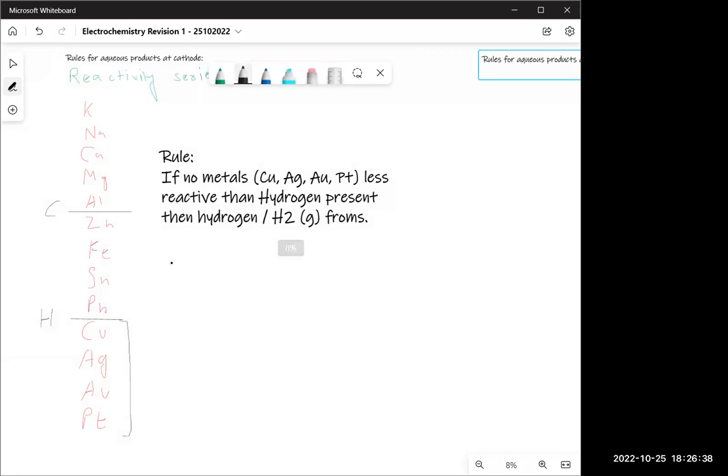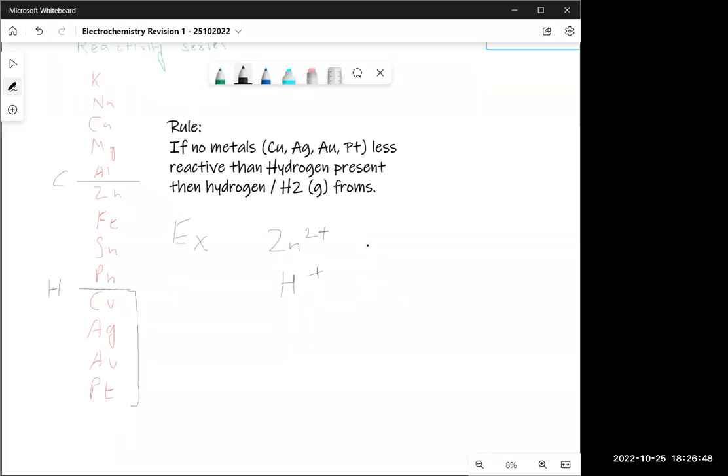Let's say you have Zn2+ and H+ present as ions. What will form at the cathode?